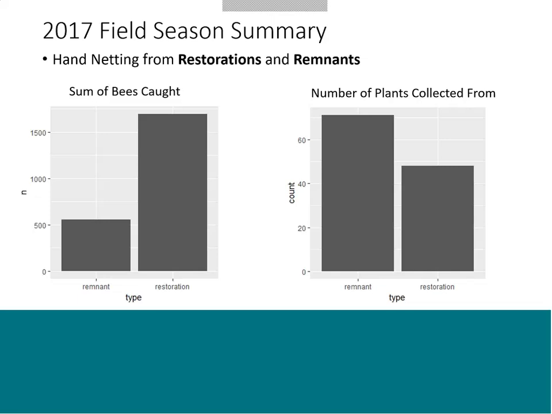So once we get that species information, that's really going to be key for figuring out what's going on. So we may have caught fewer bees at remnants, but there may be more species or different kinds of species than in the restoration. So I'm really excited to get that data back and to come back and share it when I can.